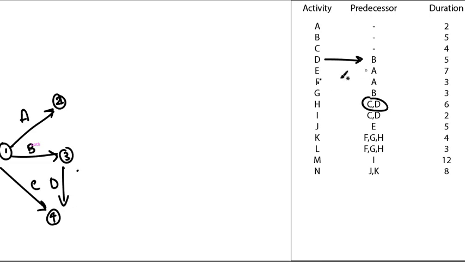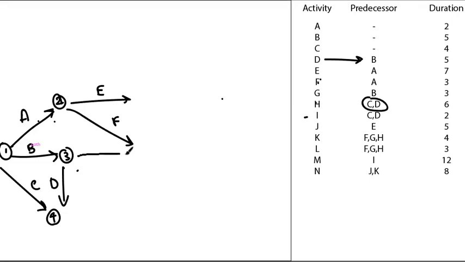E is coming from A, F is coming from A. G is coming from B and F. So G is coming from B. H is coming from C and D.